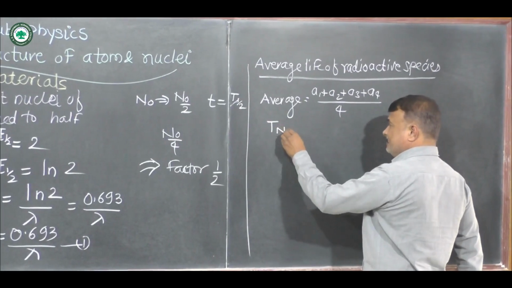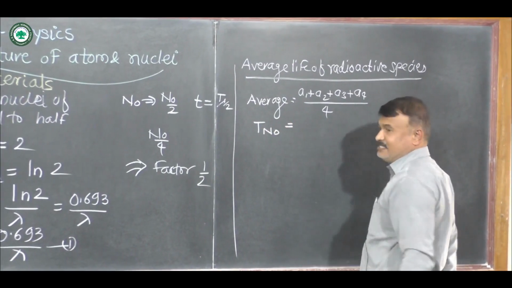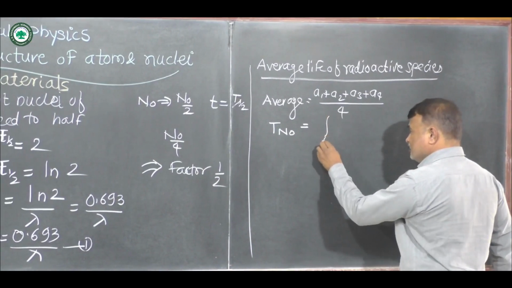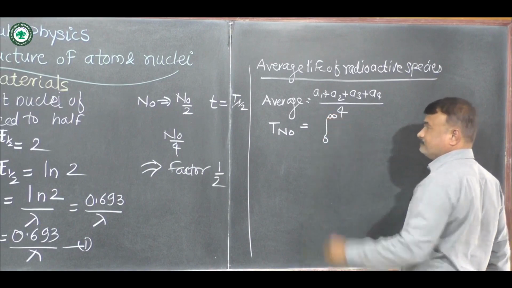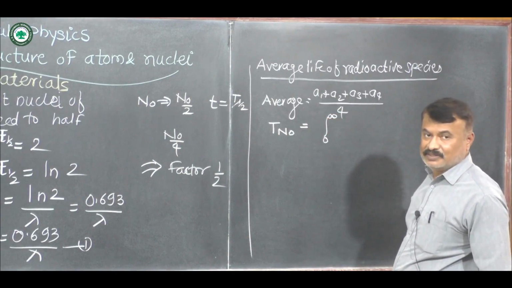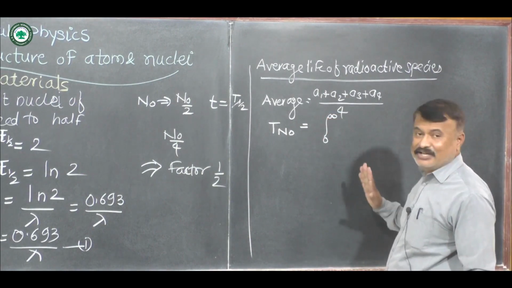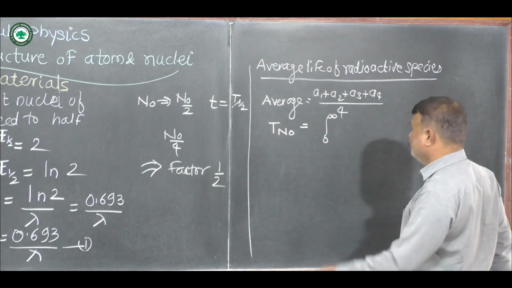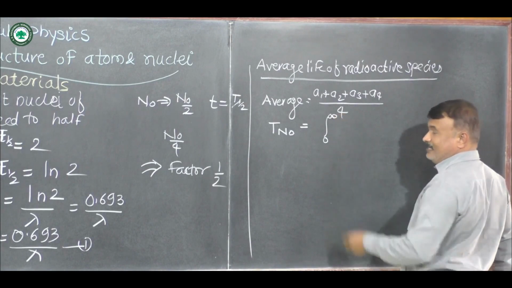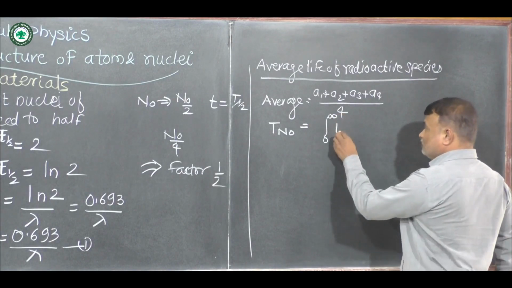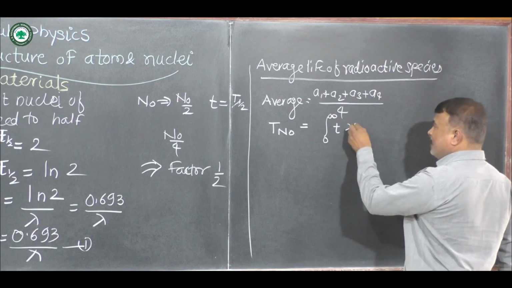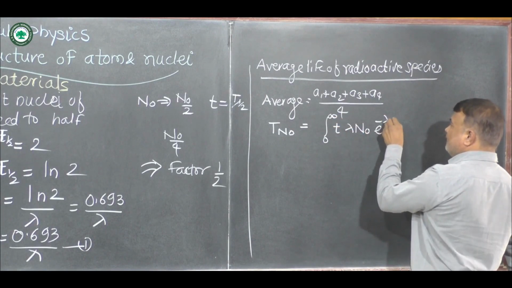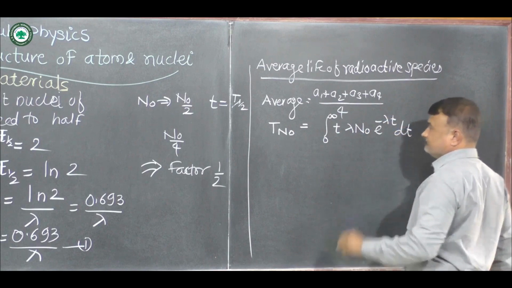Time for n0 is, with time starting from 0 to infinity, because all these radioactive species take different times for decay. Therefore, integration from 0 to infinity of small t into lambda n0 e raised to minus lambda t into dt.